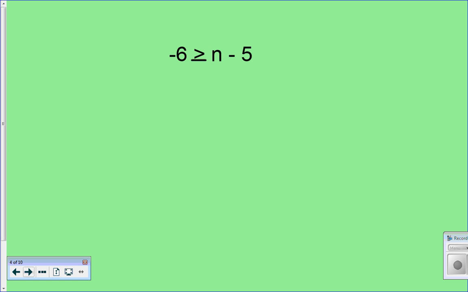Okay, so let's look at this one. Negative 6 is greater than or equal to n minus 5. So what do you think I'm going to do? I'm going to add 5 on both sides, just like my equations.